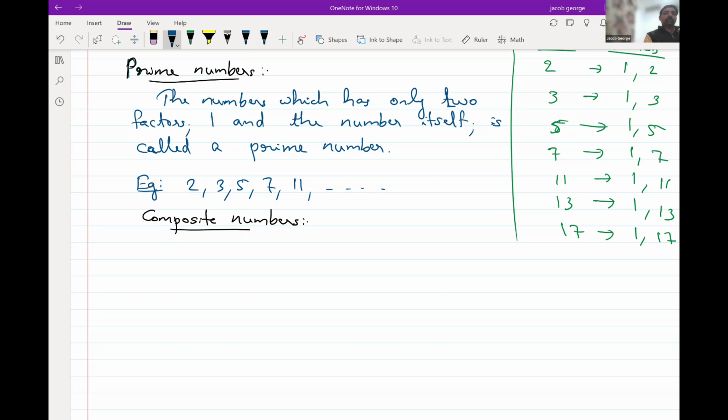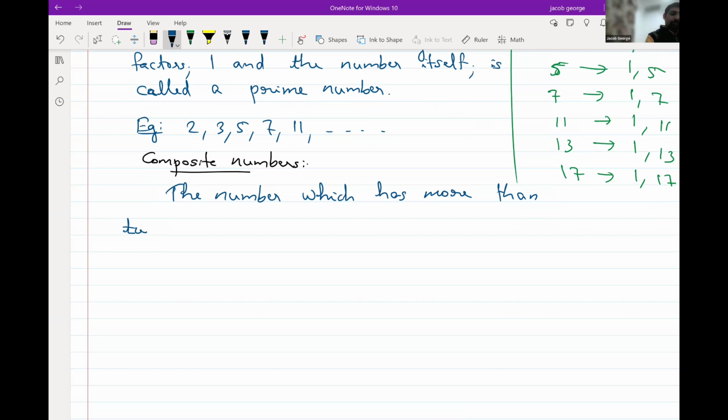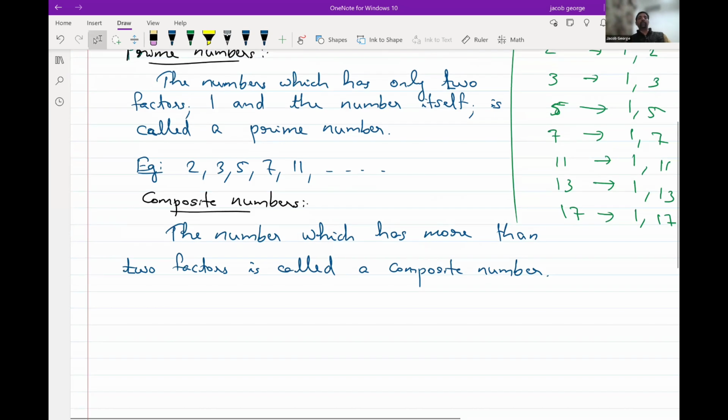Right, the number which has more than 2 factors. Please write. The number which has more than 2 factors is called a composite number.